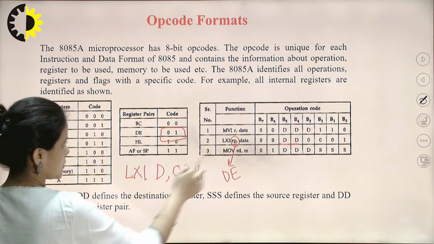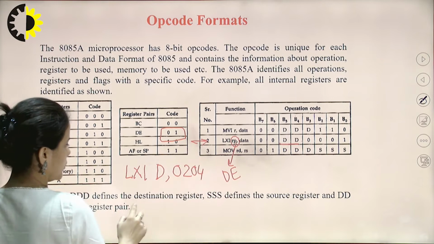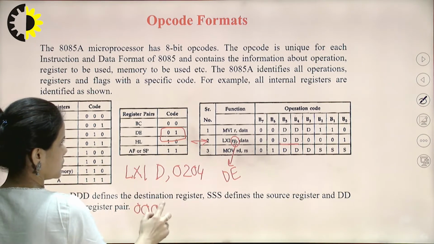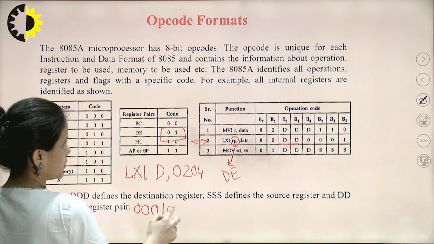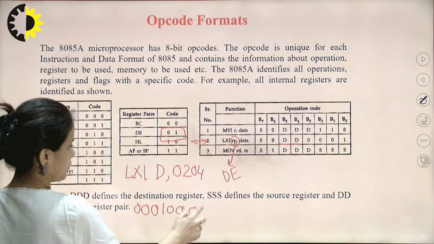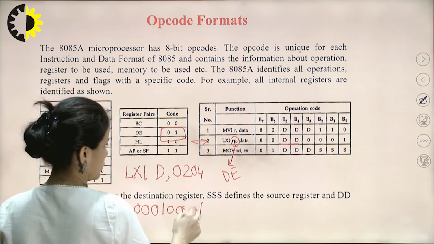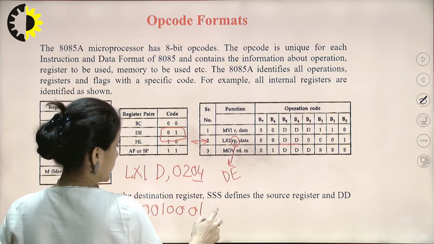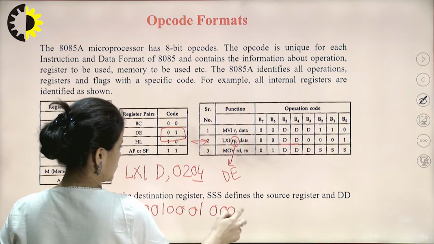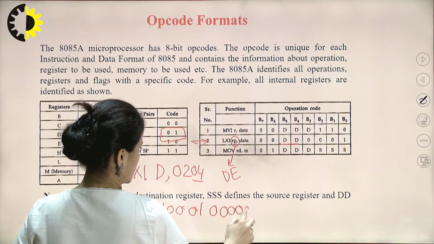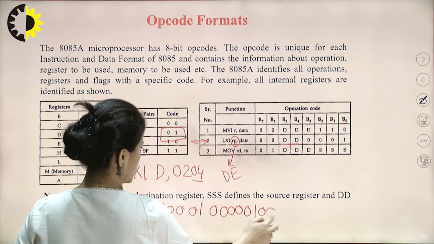In this, first of all I will consider this opcode 00, destination is DE. So for D it is 01, then 0001. So this is the first byte. Second byte, lower order byte, that is 04, 0 0 0 0 0 1 0 0.